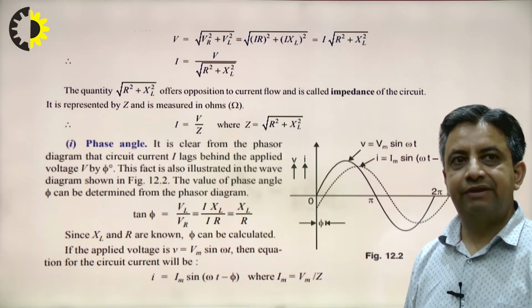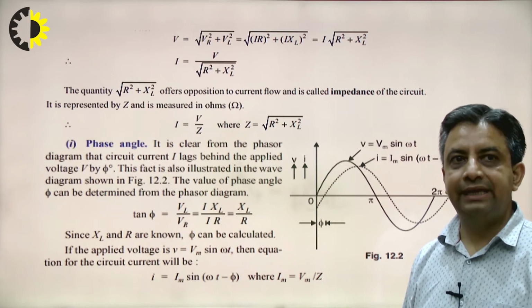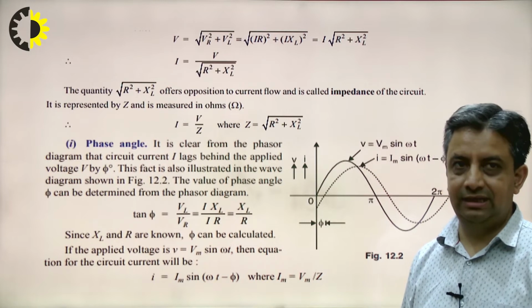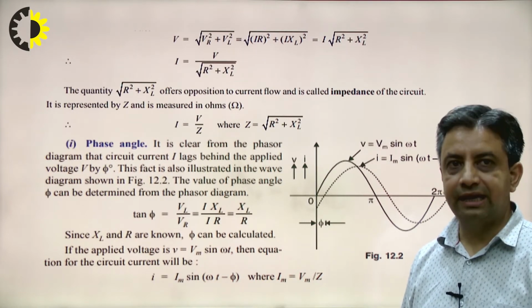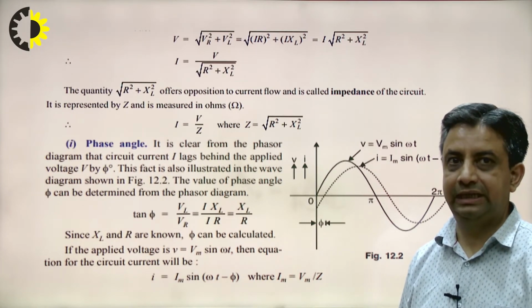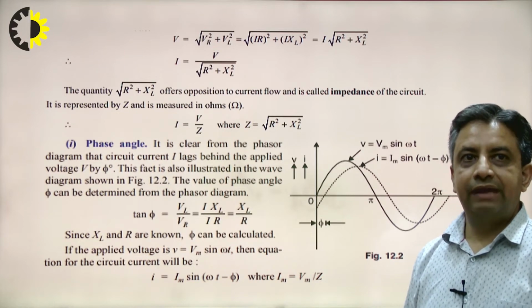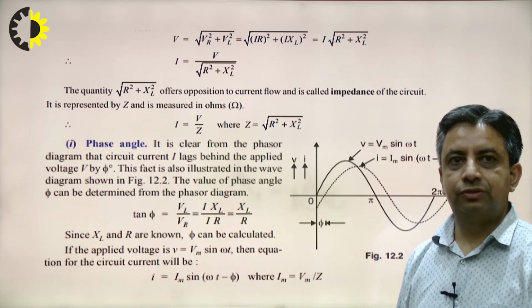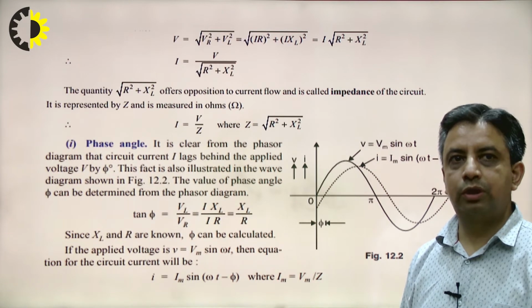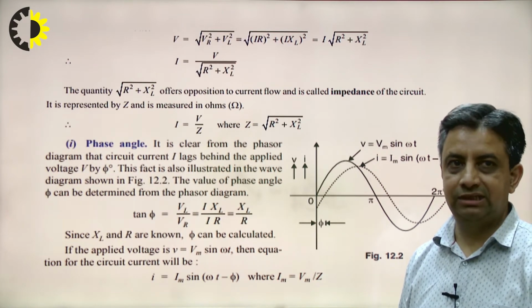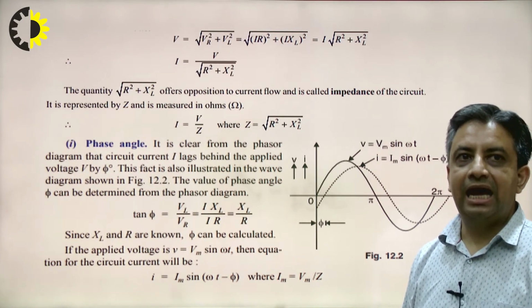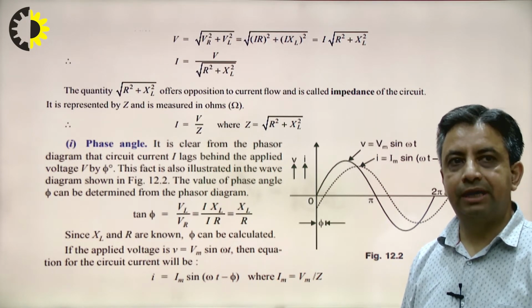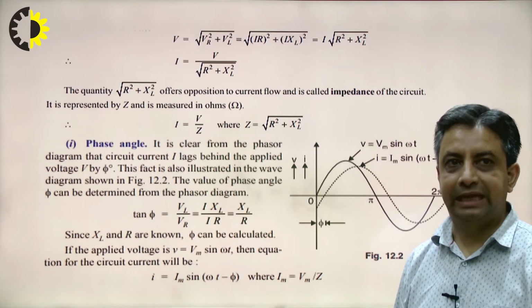Now we know that VR equals I into R and VL equals I into XL, where XL is the inductive reactance of the inductor. If I take I common, it will be I into the square root of R square plus XL square, and I will be equal to V divided by the square root of R square plus XL square.